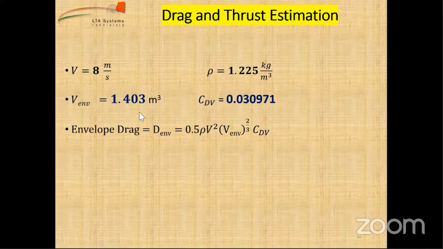So we know volume now. We know CDV now. Substitute the values. Density is 1.225 at sea level and velocity is the requirement of 8 meter per second. Substituting that, we get the envelope drag. What is the value of the envelope drag?